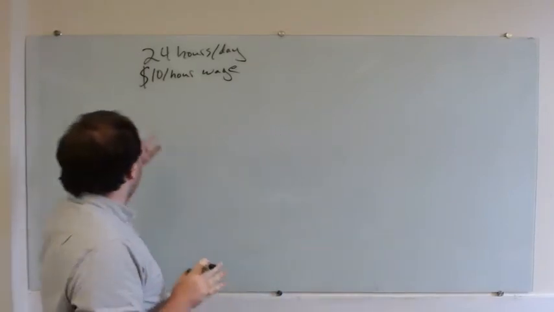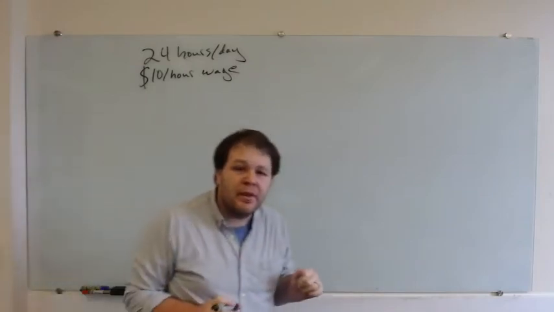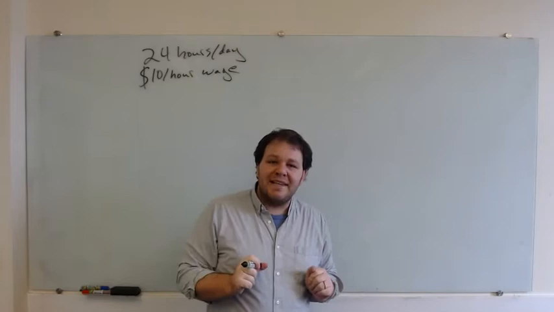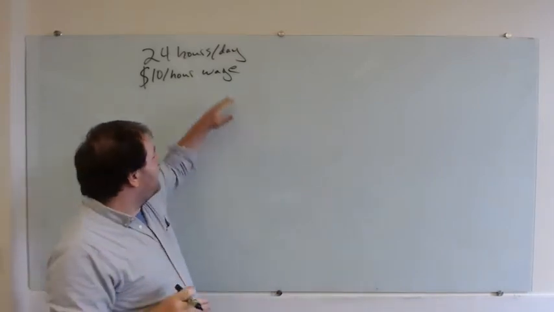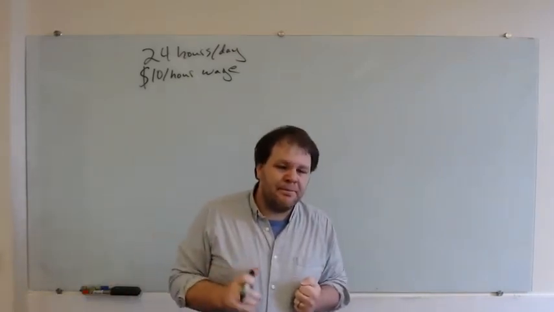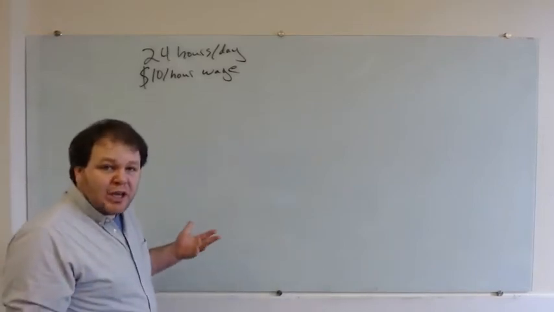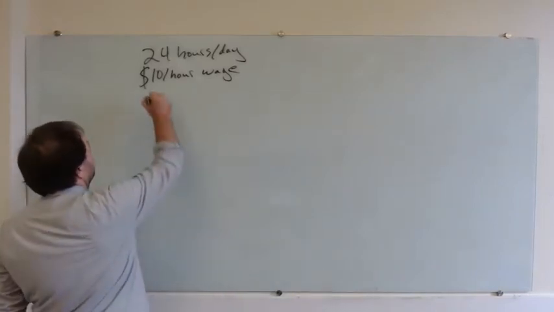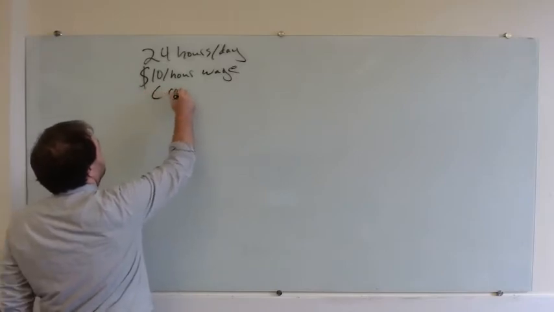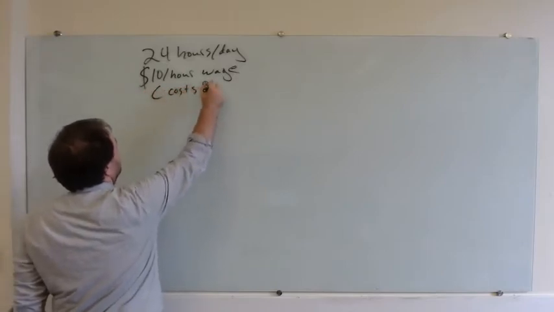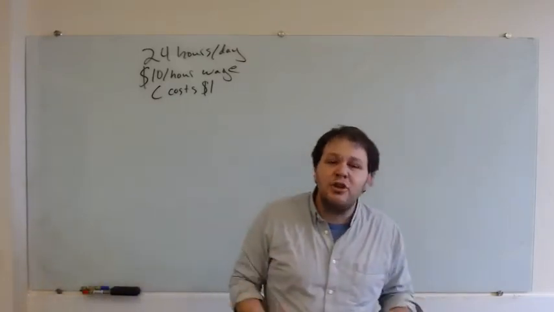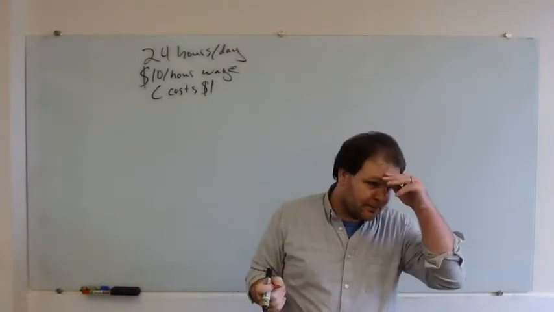All you have is your earnings and your time. And we'll imagine for now, we're not going to worry about borrowing, we're not going to worry about saving. You're living for today. Whatever you earn today, you spend today. And we'll say that a unit of consumption, and we'll always make this assumption, costs $1. Because we're defining a unit of consumption as however much stuff you can buy for $1.